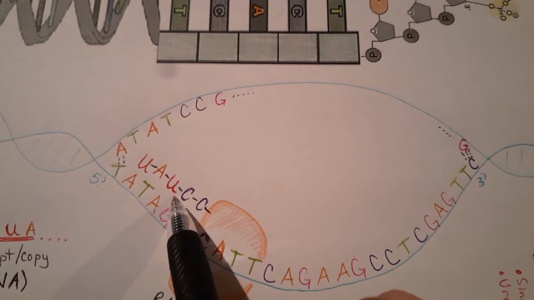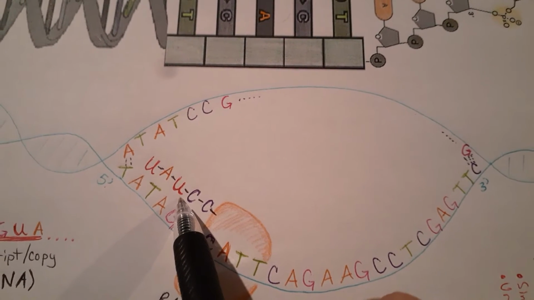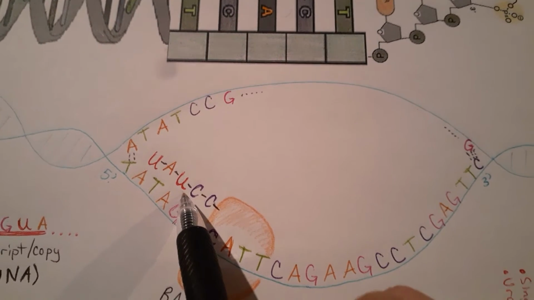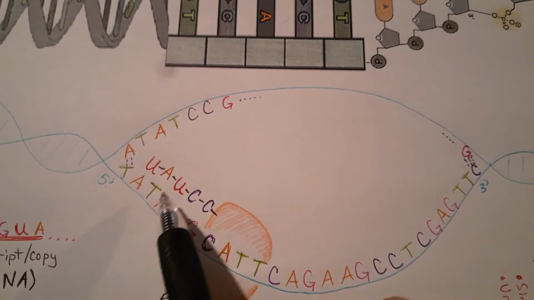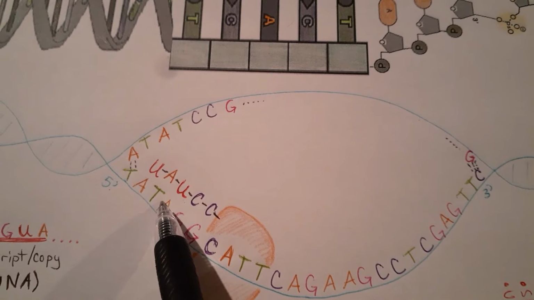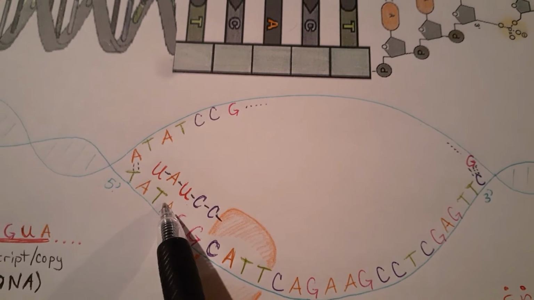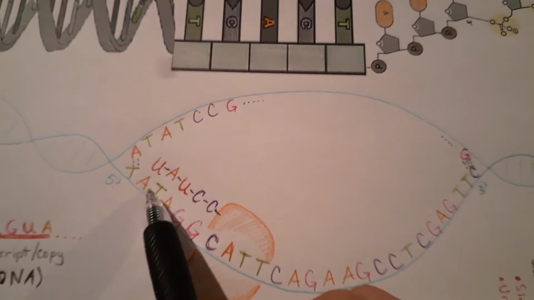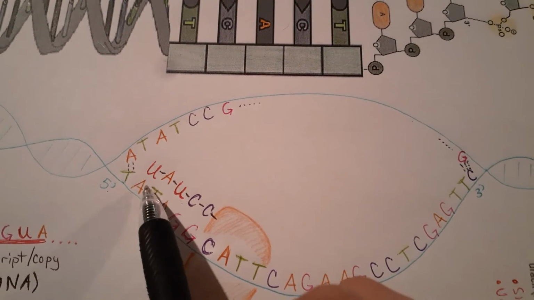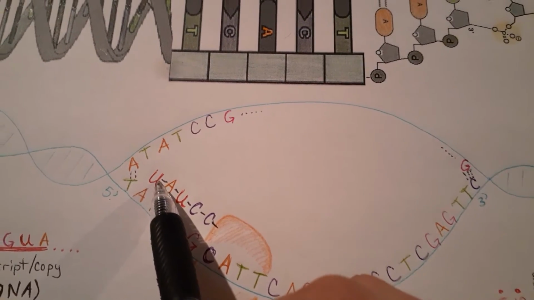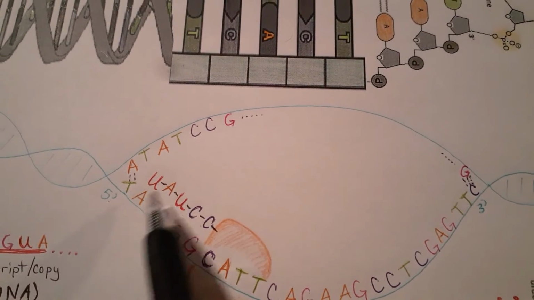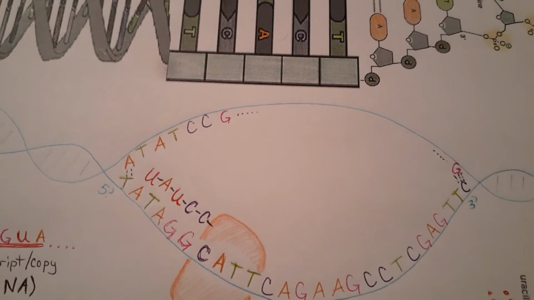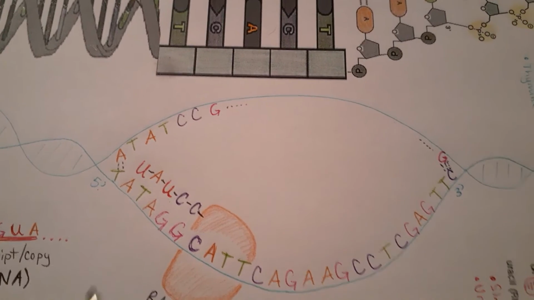U for uracil is only present within the RNA and not within the DNA. On the other hand, T for thymine is only present in the DNA and not in the RNA. So here T is complementary to A, and if we were making an mRNA copy, A is complementary to U. And that's the only difference as far as RNA versus DNA is concerned in that context.